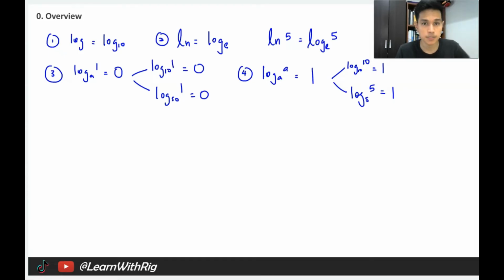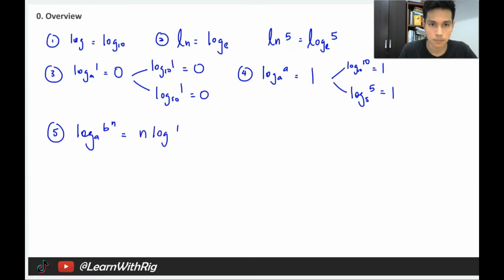The next property that you have to learn is this: log b power n base a is equal to n log b base a. What does this mean? It means that whenever you see a log value has a power, so in this case b power n, the power can be shifted to the front of the log. So it becomes n log b base a.